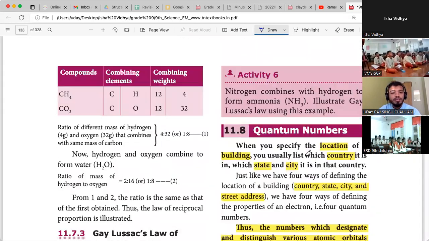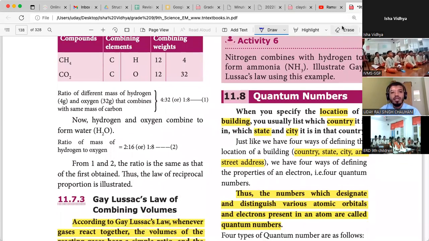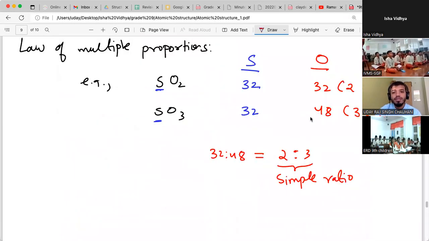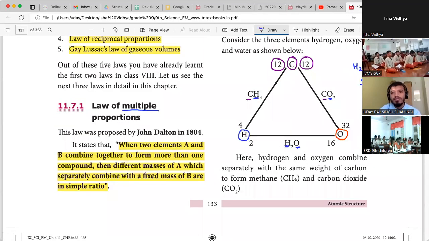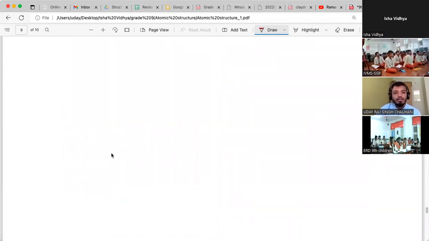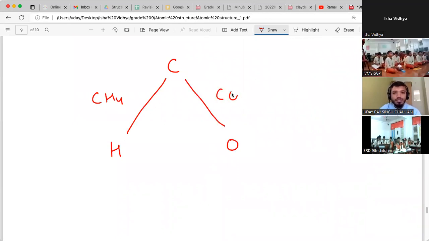Let me just write it here for better understanding. So we had what? We have hydrogen, we have oxygen, we have carbon. Carbon and hydrogen combine to form CH4, and carbon and oxygen combine to form CO2.